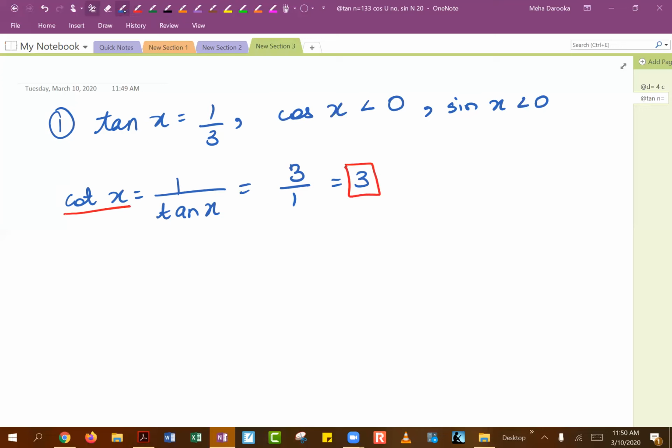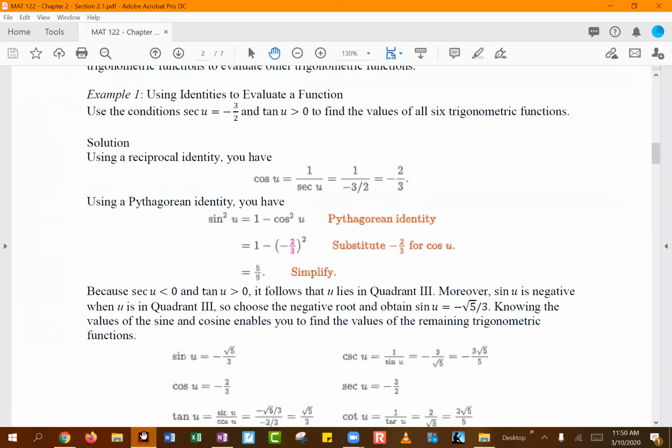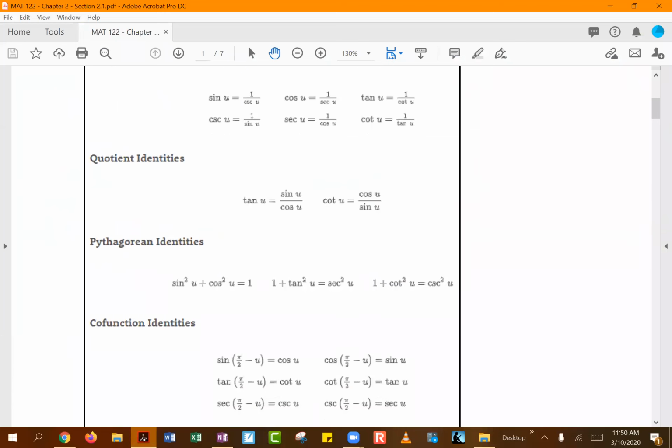Alrighty. So now which ones do you want to find next? Somebody said secant. Based on which identity? Yeah, very good. Let me pull that up. So if you know the tangent function, you can use the 1 plus tangent squared of u equals secant squared of u. So we can use that to find our secant.